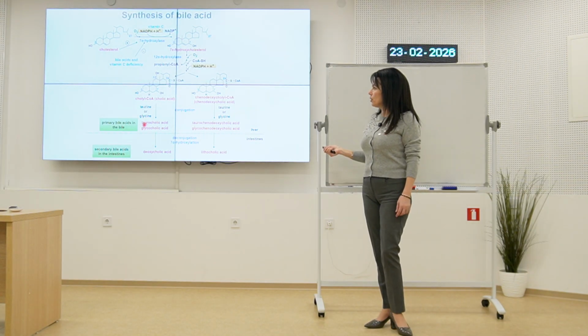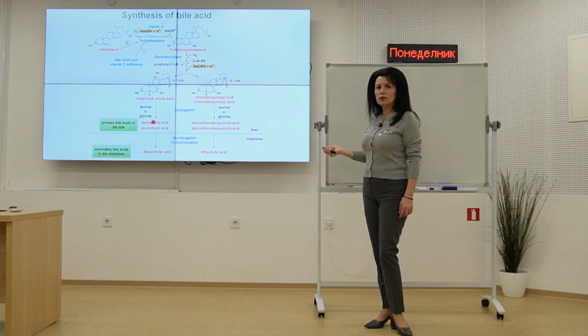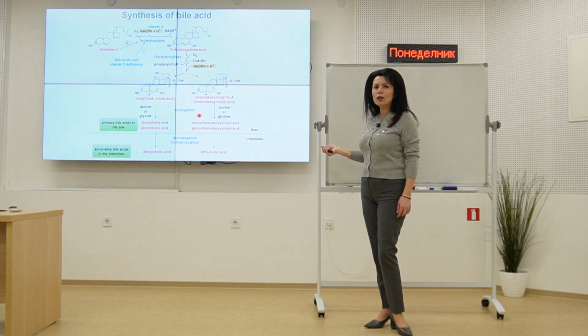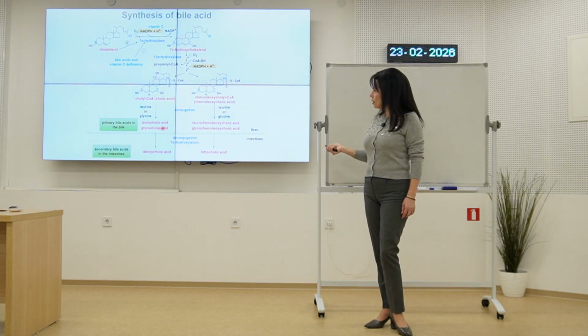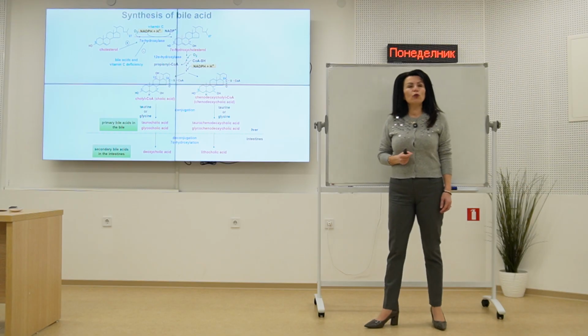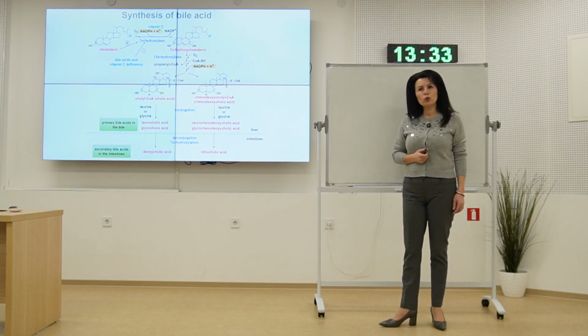If there is conjugation with taurine, cholic acid will become taurocholic. This one, taurochenodeoxycholic. If there is conjugation with glycine, cholic will become glycocholic. This one will become glycochenodeoxycholic. All these bile acids are called primary. They are formed in the liver, in the hepatocytes.